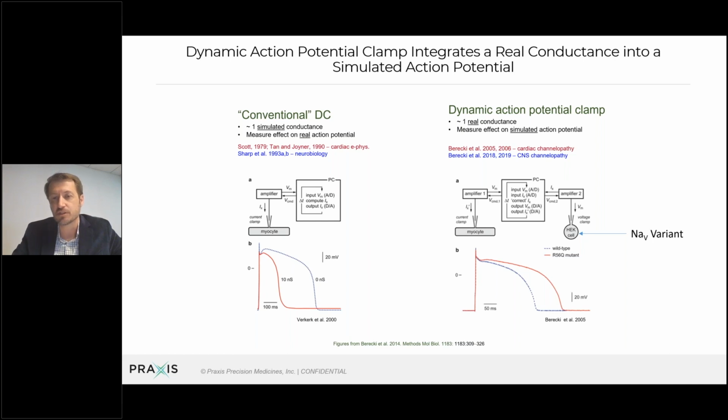That voltage is originating from the computer, which has a model of a neuron. So you have a very fast integration between the computer driving the voltage, which drives the gating of the channel, which in turn feeds back into the model. So you have this feedback loop, and this is really how it's dynamic, because of the interaction between the cell and the computer. And it's done in a way that you don't have to make predictions. It's an unbiased way of representing the mutant channel.